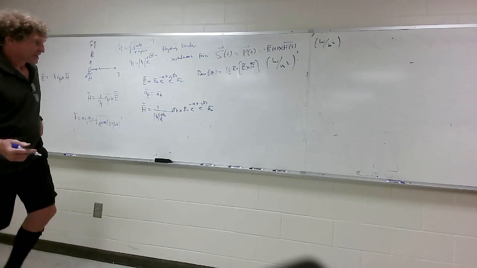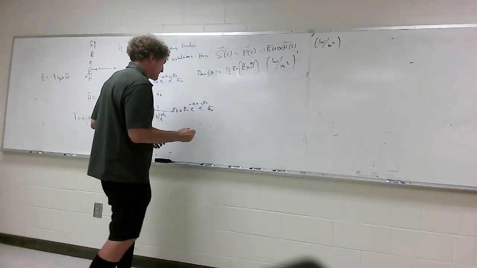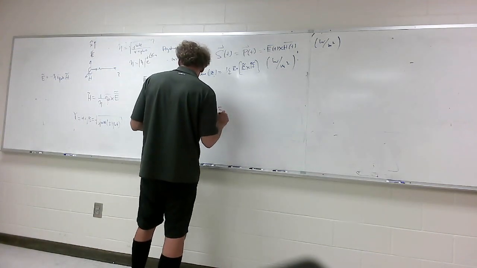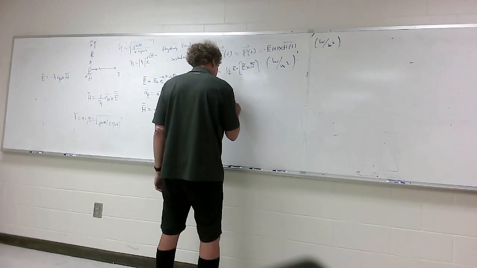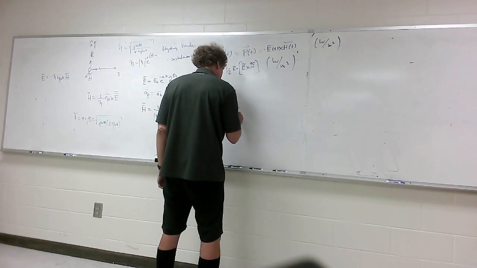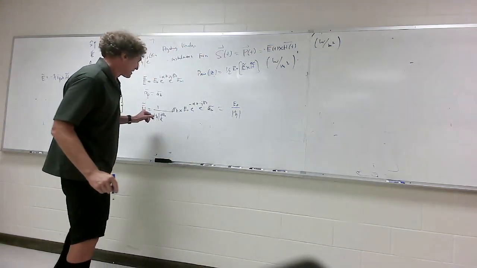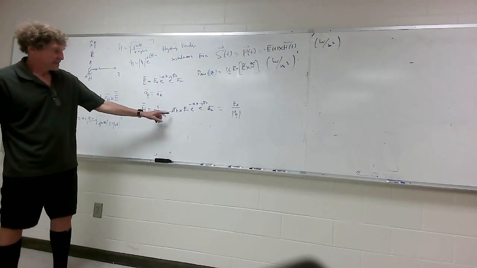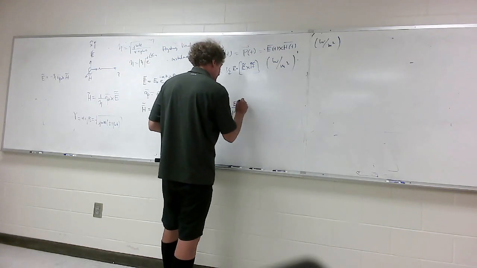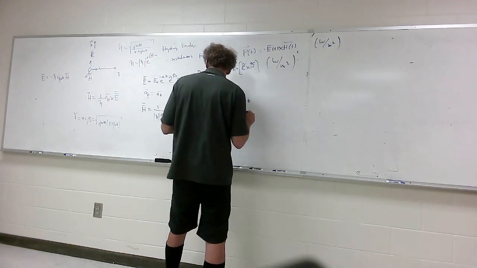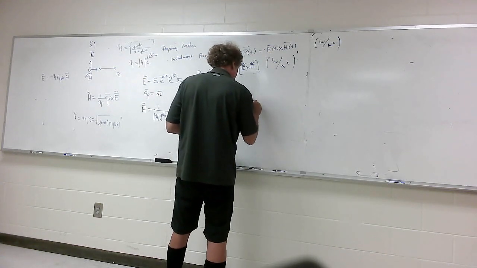So getting back to this thing, I can take a look at this and I can see I have E naught and I have eta, so I can take E naught over the magnitude of eta. And then I can put e to the minus alpha z here, and I can go ahead and write e to the minus j beta z.